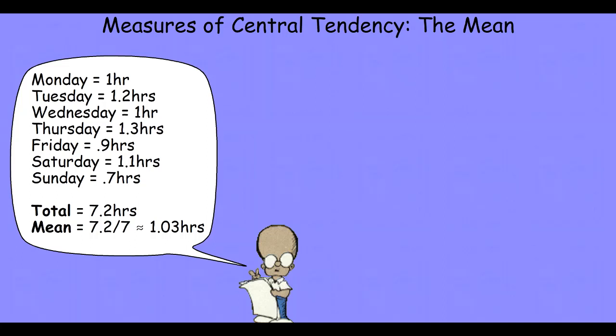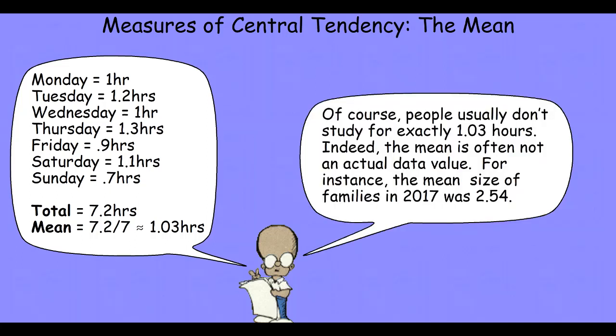You divide that by the total number of data points or values, and you get 7.2 divided by 7, or approximately 1.03 hours. Of course, people don't usually study for exactly 1.03 hours. 0.03 of an hour isn't something people usually have on their clock.